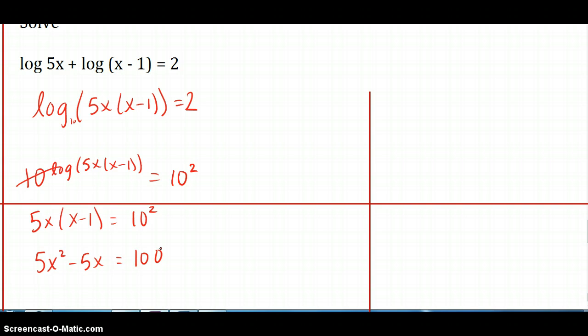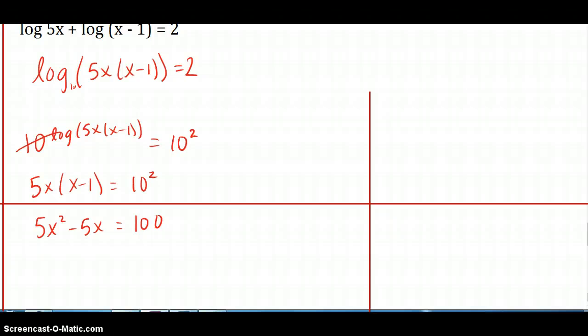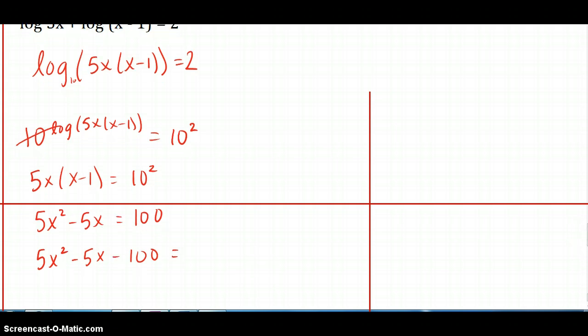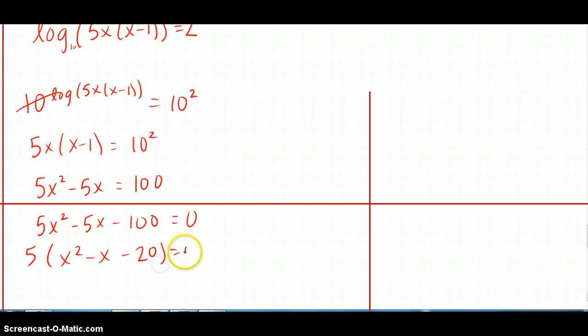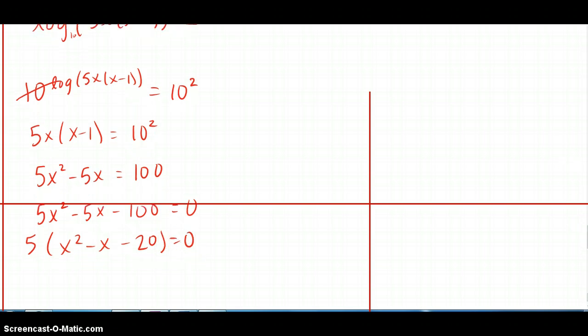Now here you have a quadratic. So to solve a quadratic, you need to get everything on one side and set it equal to 0, because you're going to have two answers now that you have a quadratic. And now you're going to need to factor. It might be easier if you pull out a 5 first, because all these have a 5 in common, and then factor. Might make it a little bit simpler. So now you're looking for two factors of 20 that subtract to give you 1.